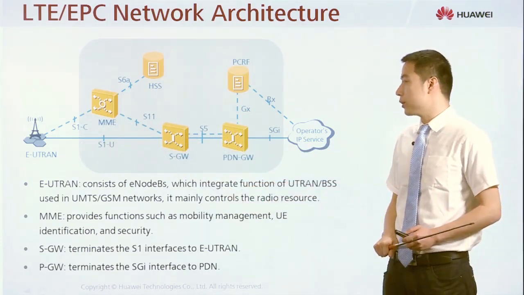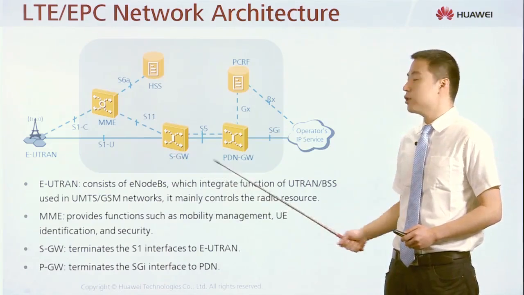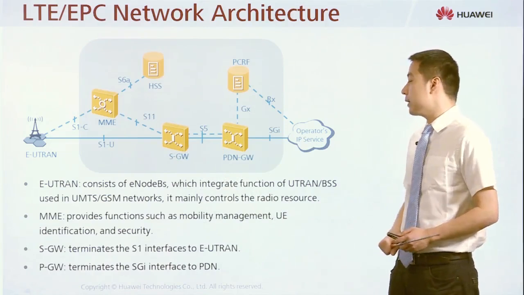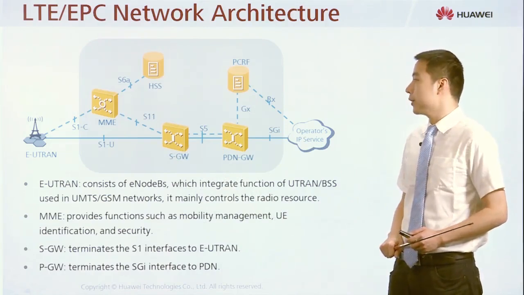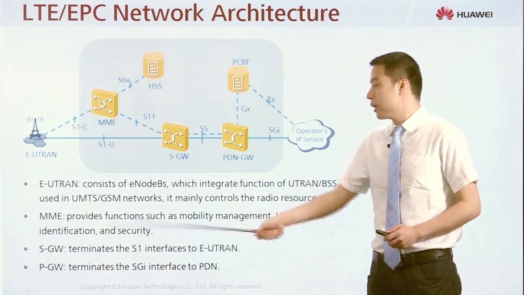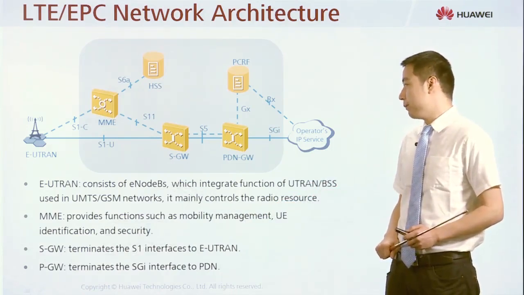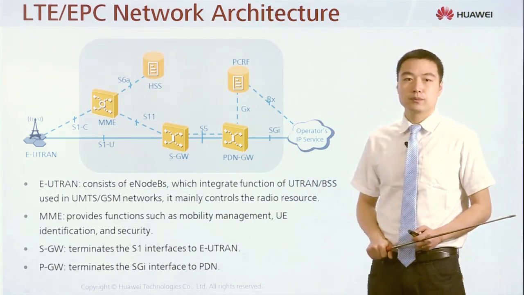U here means user, which means SGW and PGW work in the user plane. SGW terminates the S1 interface to E-UTRAN, and the PGW terminates the SGi interface to the PDN, Packet Data Network.